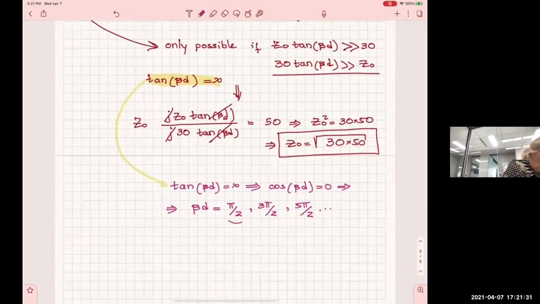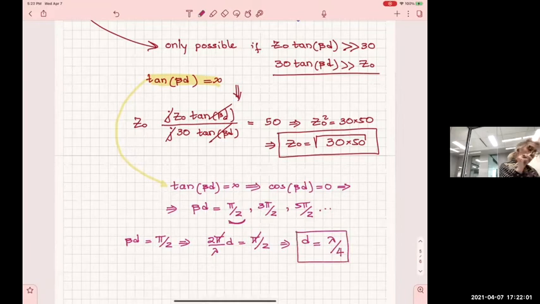Let's look at the smallest one. When beta d becomes pi over 2, that means 2 pi over lambda times d has to be pi over 2, which means that d has to be a quarter of a lambda.